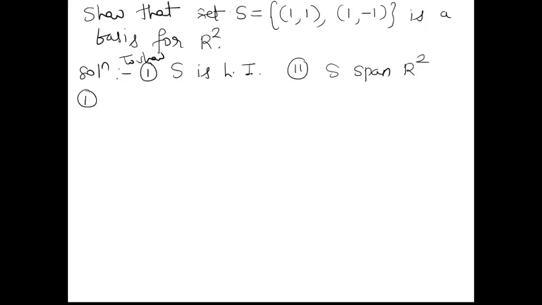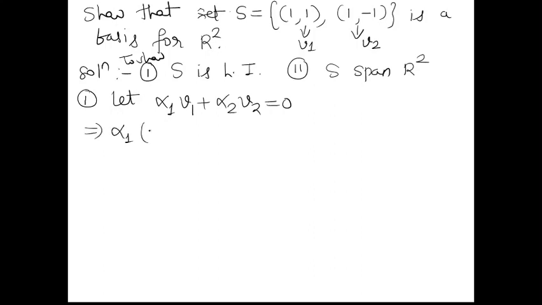To show S is linearly independent, we shall start with a vector equation. Let alpha 1 v1 plus alpha 2 v2 equal to 0. The elements of this set S we denote by v1 and v2. Substituting v1 and v2, alpha 1 (1, 1) plus alpha 2 (1, -1) equals (0, 0).